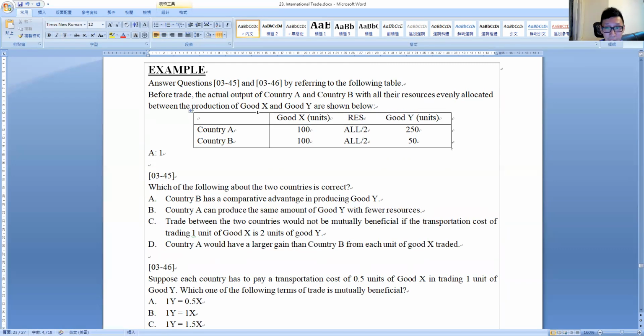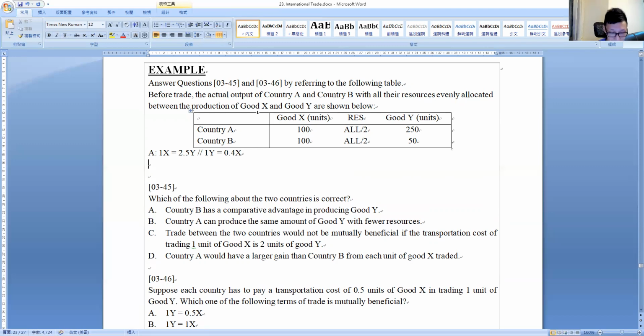So let's see. It goes like this. For country A, 1x equals to 2.5y, or 1y equals to, that would be 0.4, I think, right? 0.4x. Now for B, it will be 1x equals to 0.5y, or 1y equals to 2x.